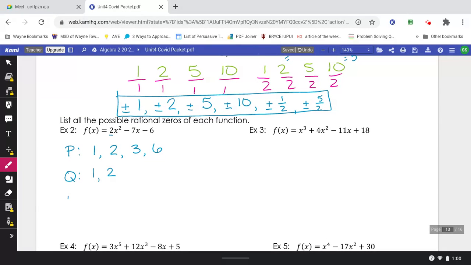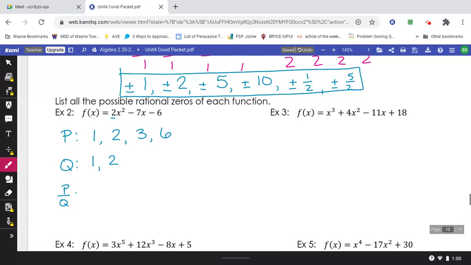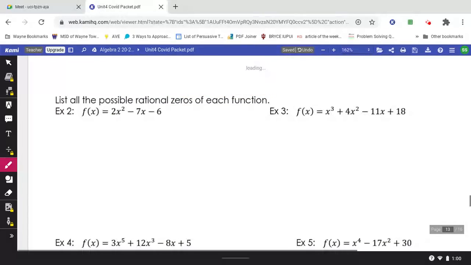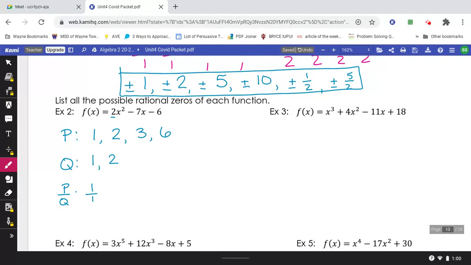Then I'm going to divide all the P's over the Q's. This will get me 1 over 1, 2 over 1, 3 over 1, and 6 over 1. All of the P's divided by the first Q.